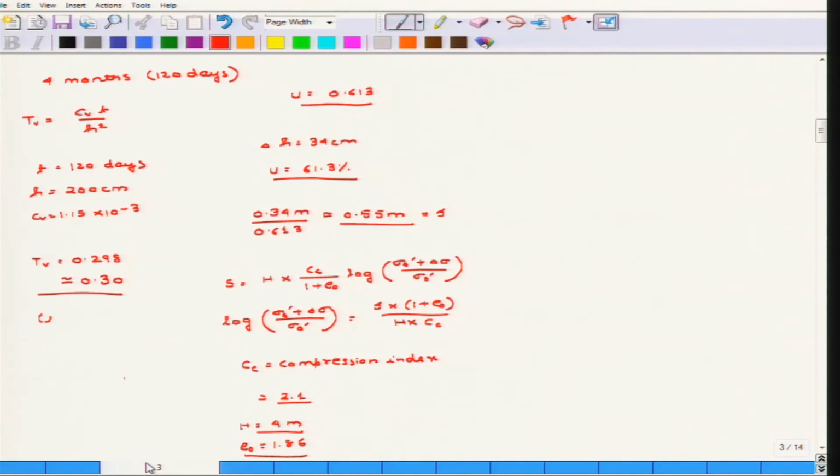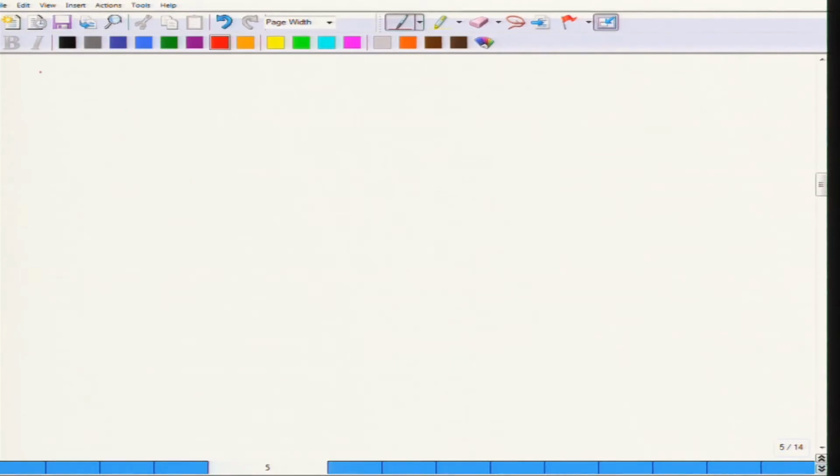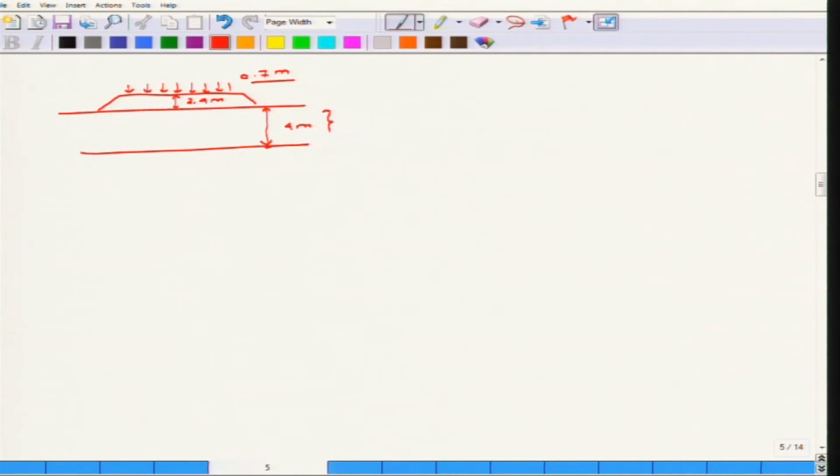So, you need not wait for the period of 2 years, 2 months and 15 days; rather you would add an extra surcharge of 0.7 meter on this embankment of height 2.4 meter, over the clay layer of 4 meter, and accelerate this settlement to 34 centimeter within the period of 4 months.